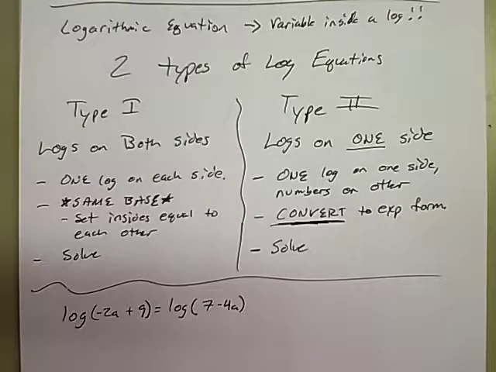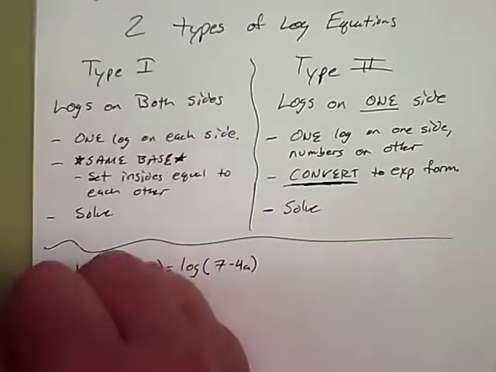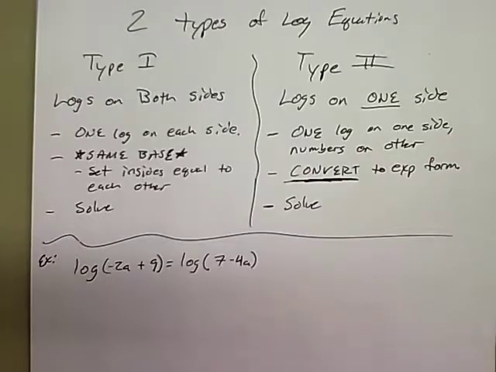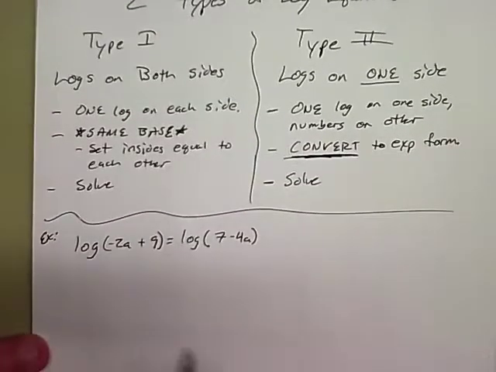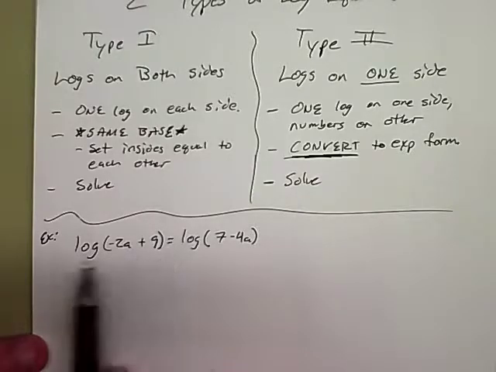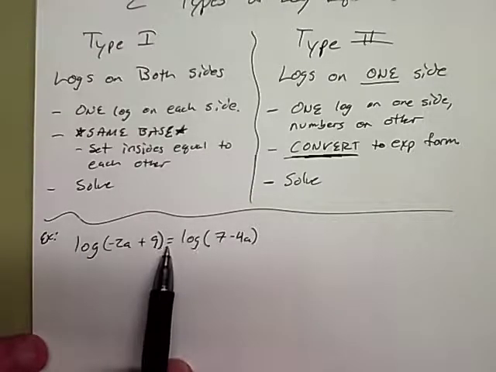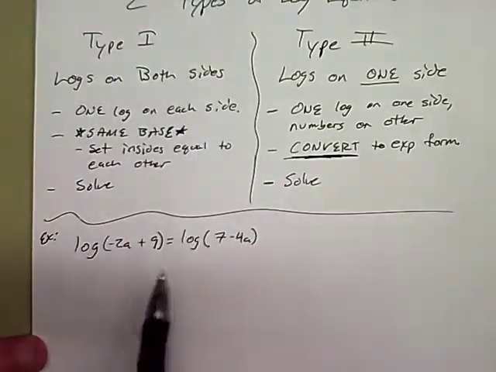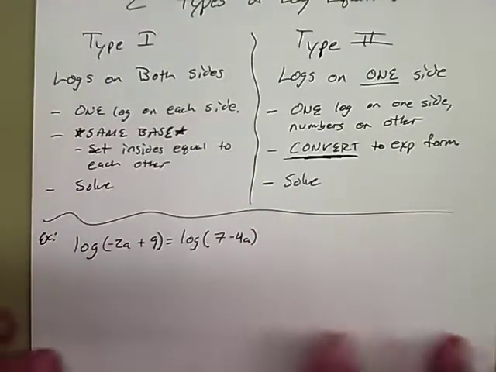The directions are just simply going to say solve. So is this a type 1 or type 2 equation? Well, here's my equal sign. I have a logarithm over here, and I have a logarithm over here. So I have logs on both sides, telling me that this is a type 1 equation.